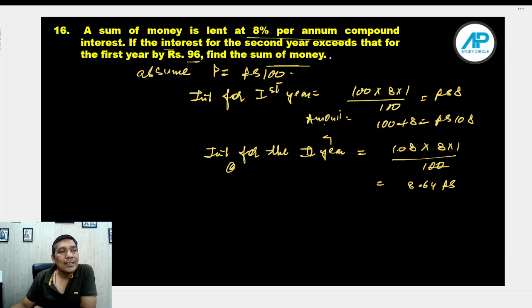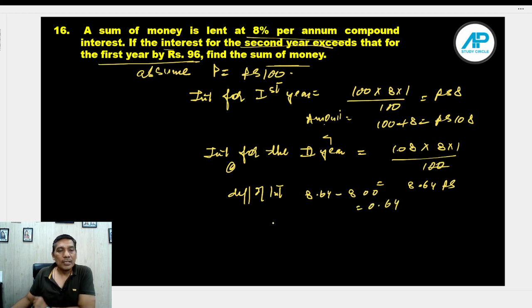The question says that the interest for second year exceeds the first year by 96. I need to find the difference of interest of second and first year. Difference of interest, 8.64 minus 8.00, that gives me 0.64. Now comes the rule of unitary method.